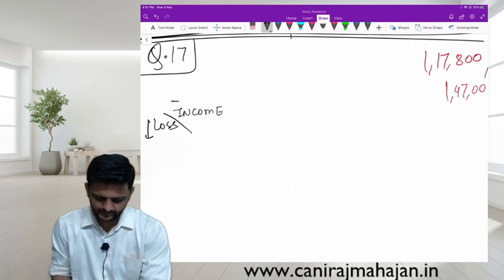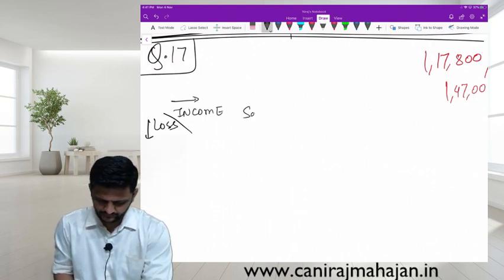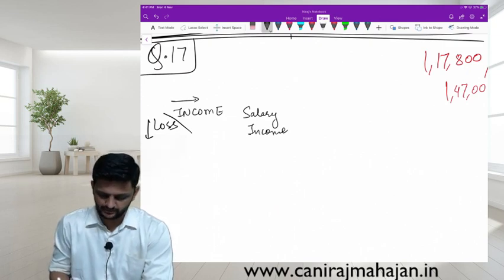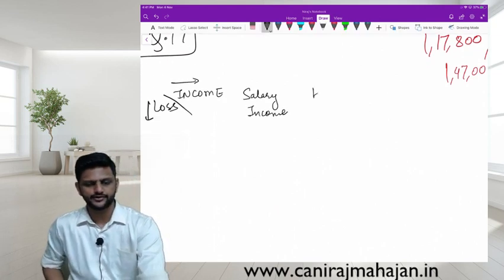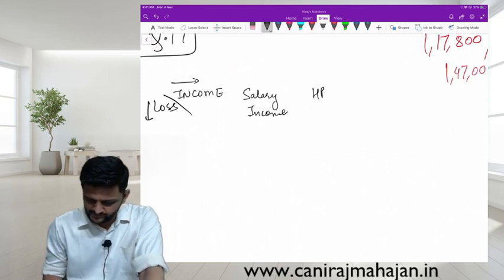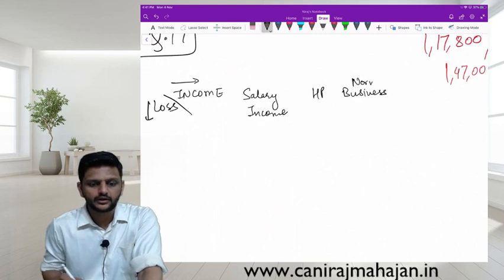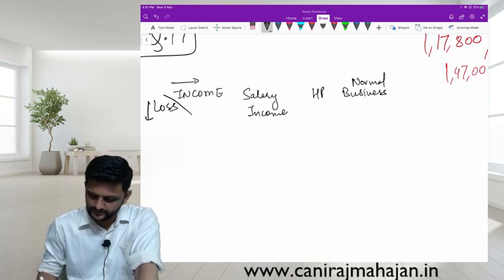Total income you have: salary income, HP income is positive. Business, normal business. Speculative income.